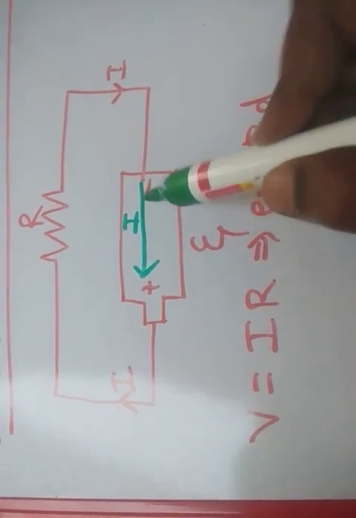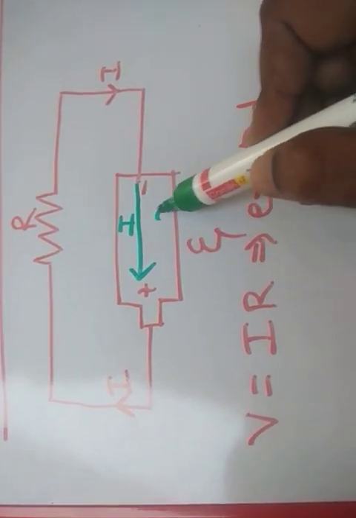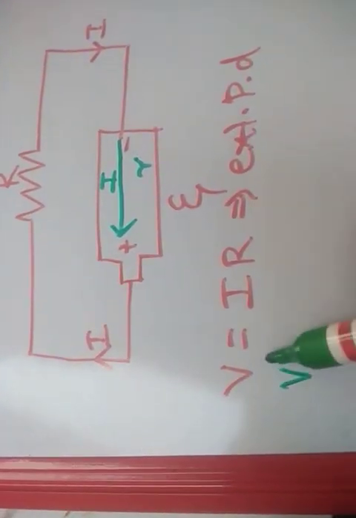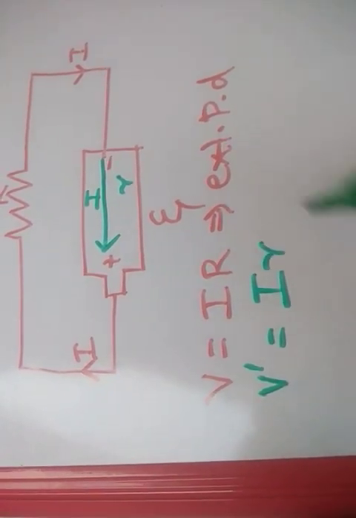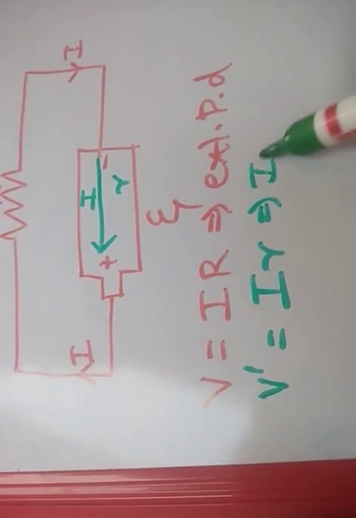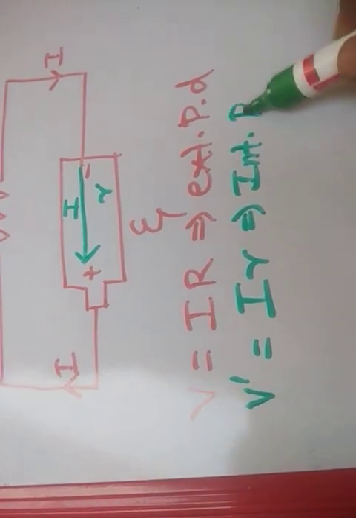There is a material, and this material offers some small resistance, which is called the internal resistance of a cell. So the internal voltage drop is equal to I into small r. This is the internal potential difference, or internal voltage.